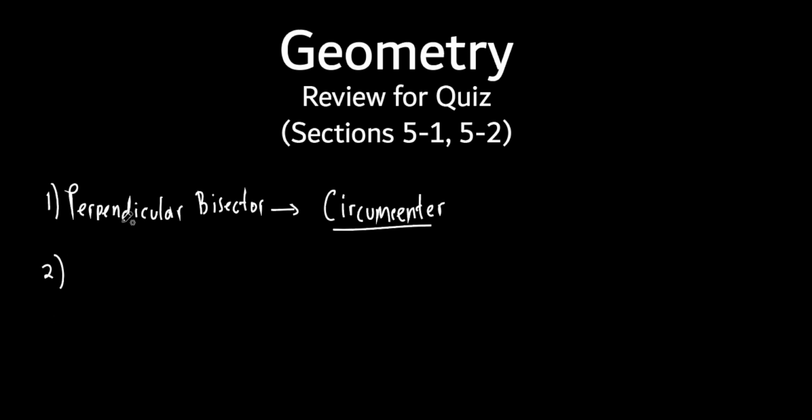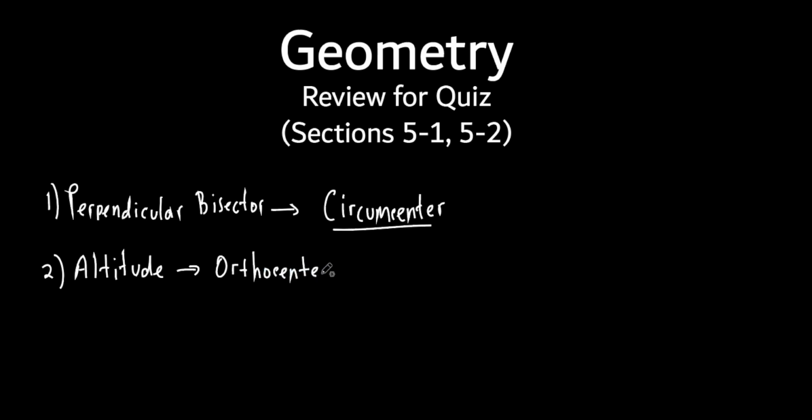What was the second one we did? We did perpendicular bisector, and then we did altitudes. So the question's going to say, name the point of concurrency determined by the triangle's altitudes. Altitude goes with orthocenter.